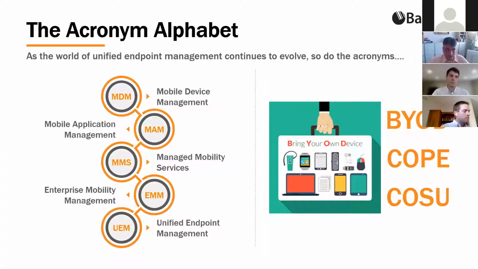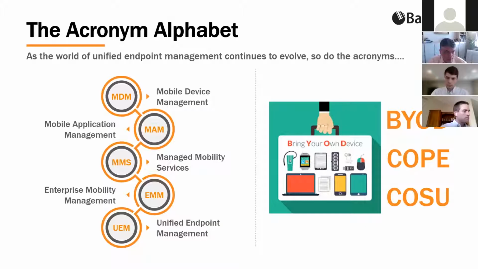This has then evolved into EMM, Enterprise Mobility Management. This was the next phase, taking everything from MDM and MAM, plus content management and security management, and bundling it into one solution. That happened a few years ago for many of the solution sets out there.